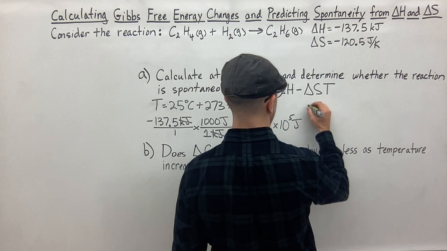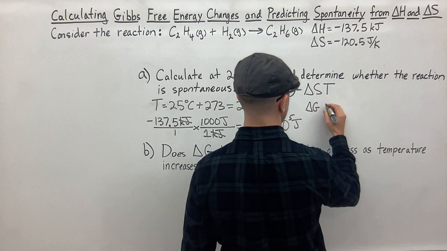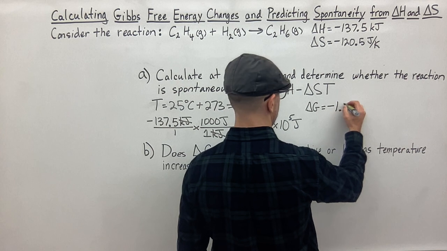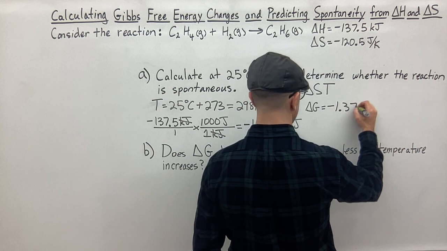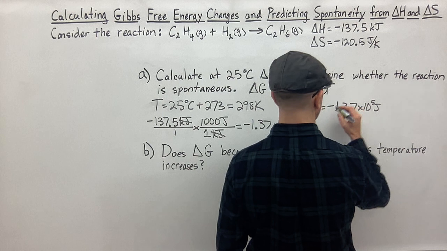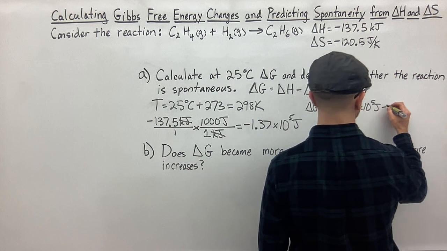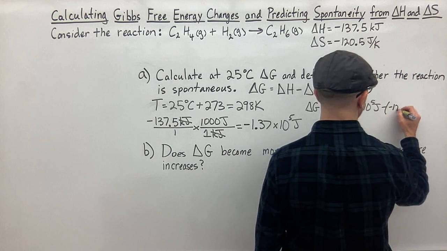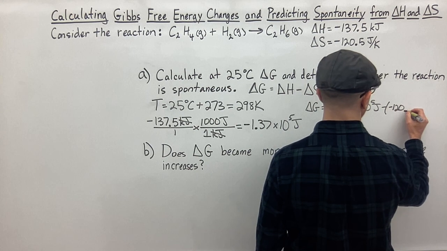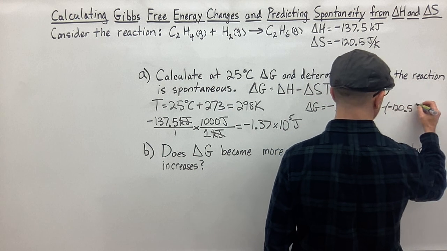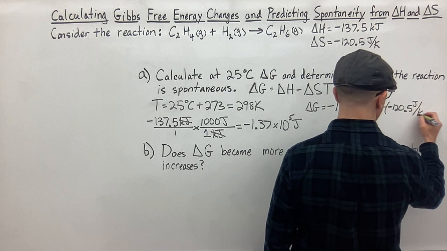So delta G is equal to, again, negative 1.37 times 10 to the 5th joules, and I'm going to subtract out that negative 120.5 joules per Kelvin.